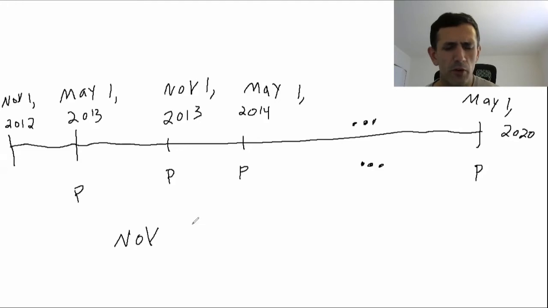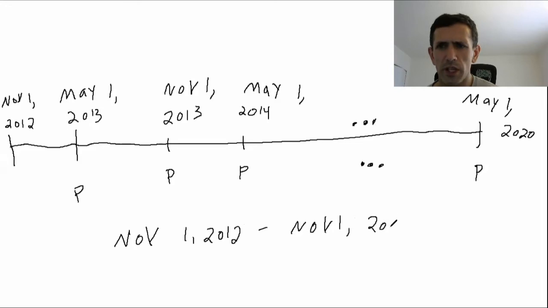So November 1st, 2012 to November 1st, 2013 corresponds to 2 6-month periods. Okay, so that corresponds to 2 periods, and we just keep going.